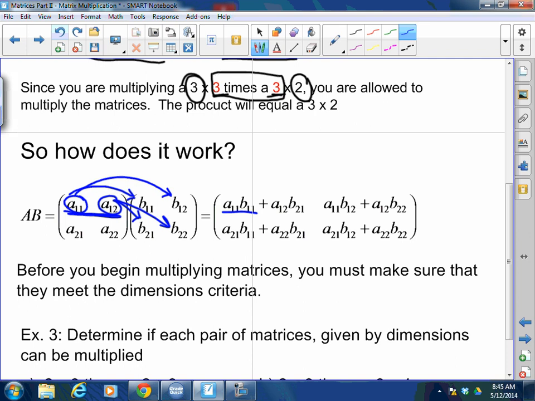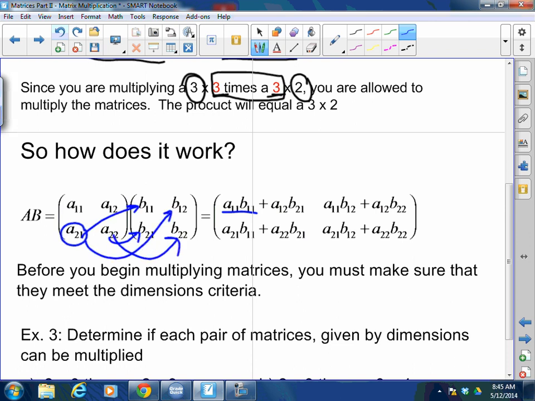Okay, so first row goes to tops. First column goes to top row. Second column goes to bottom row. And then you repeat the same thing from the second row. Here to there, here to there, here to there, here to there.